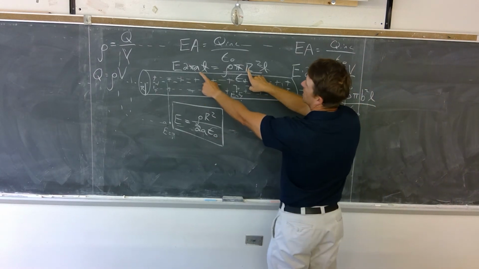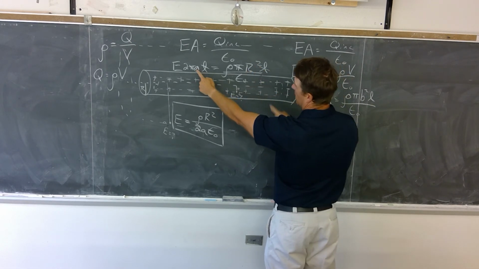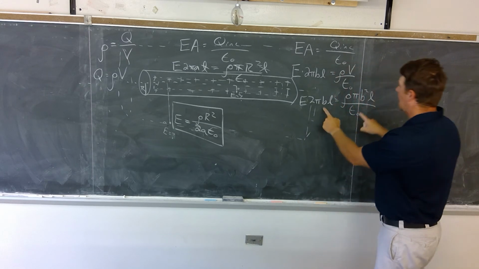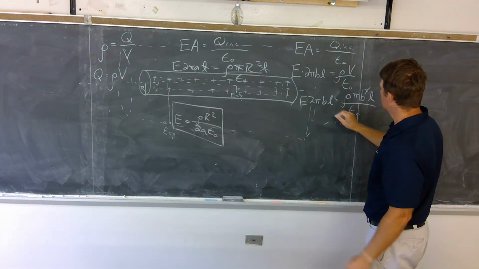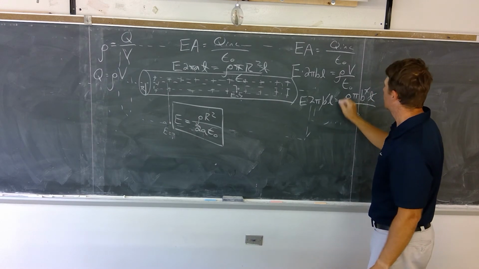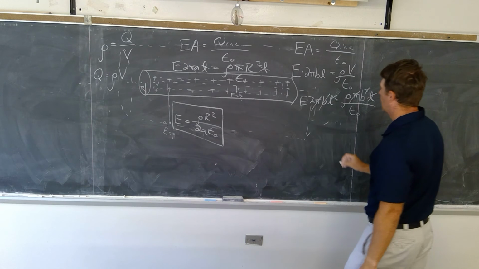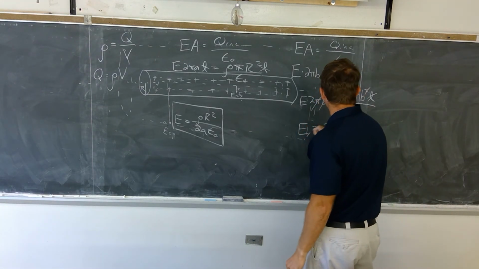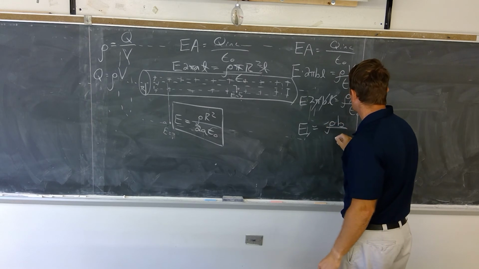Before, these r's did not cancel. That stayed squared, that stayed in A. Now, those r's are the same and do cancel, as well as the L's, as well as the pi's. And we're left with an electric field that's equal to rho b over 2 epsilon naught.